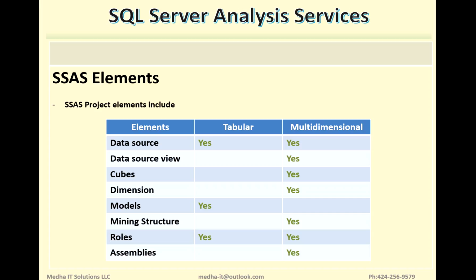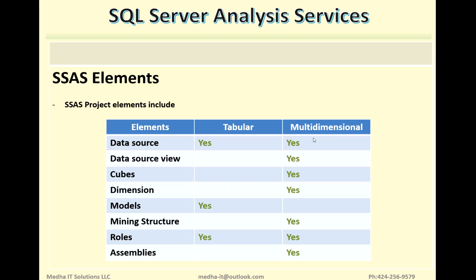Looking at the components in a tabular model versus a multidimensional model, as I was saying earlier, the multidimensional model is more complex to build. In the tabular model, we do not have all the complexities involved in the multidimensional model.